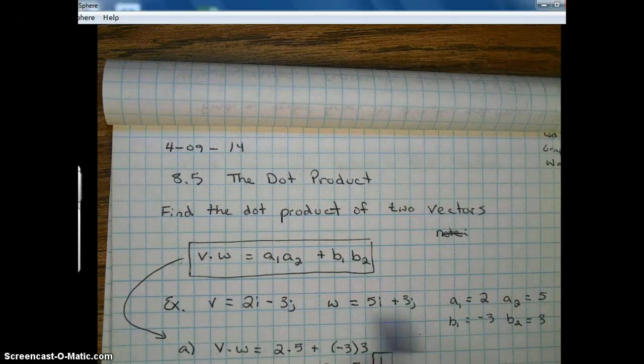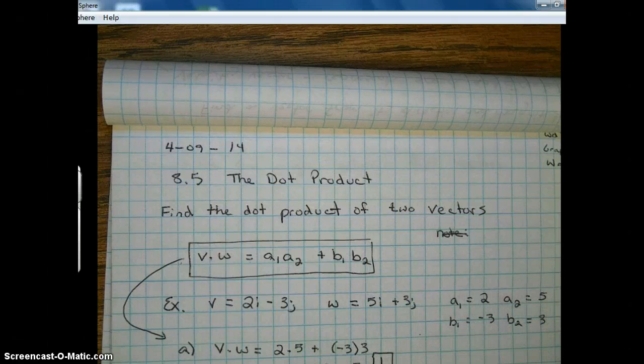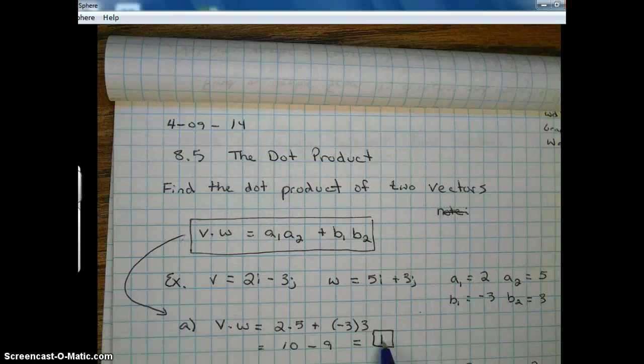And I put those over here, a1 and b1. And then vector w, since it's second, will be a2 and b2 right over here. Okay? So we just plug these numbers into this formula and we get 1.